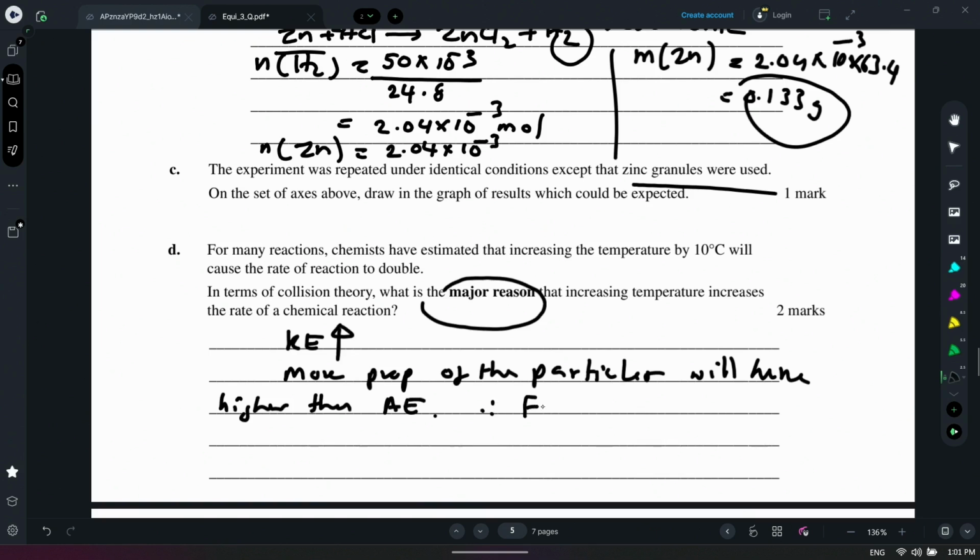Therefore, the frequency of successful collisions will increase, therefore the rate will increase.